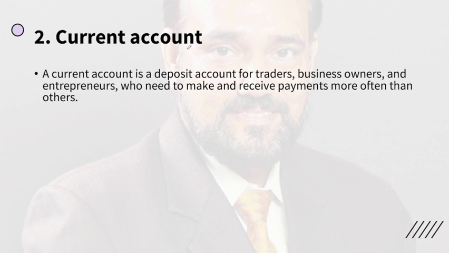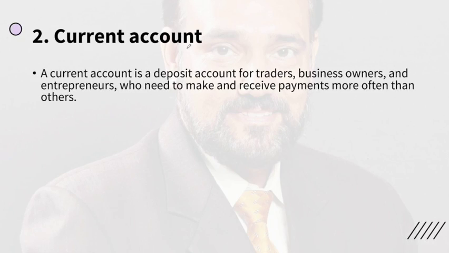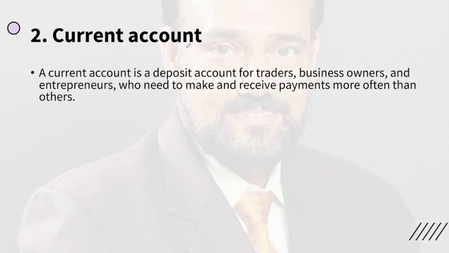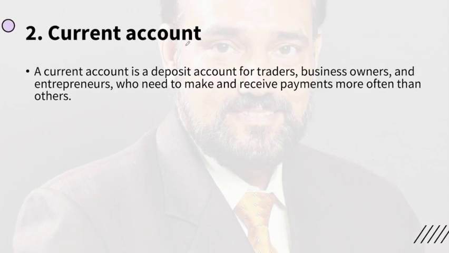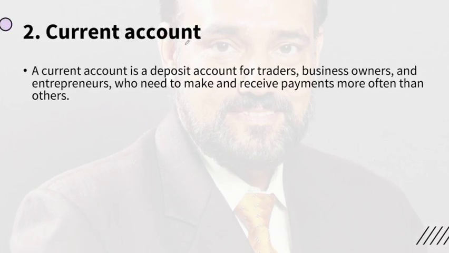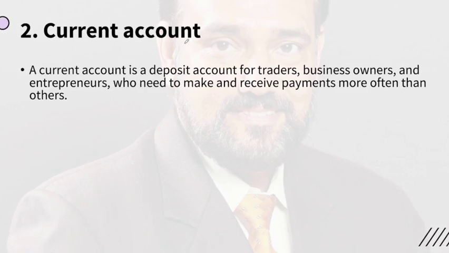Or you can understand it this way: in this account, a depositor can deposit money any number of times and can withdraw it as and when they need it. So in this account, generally the business class or businessmen deposit the money.